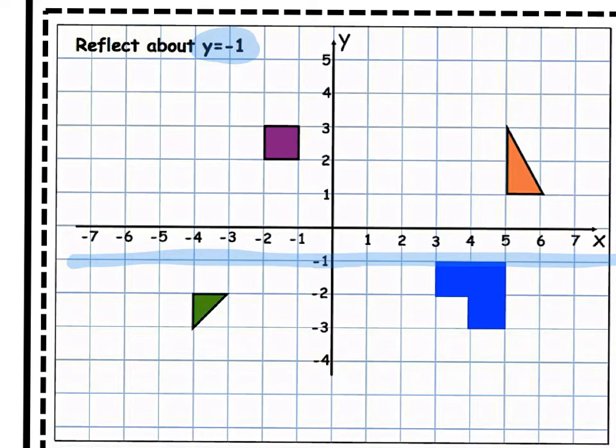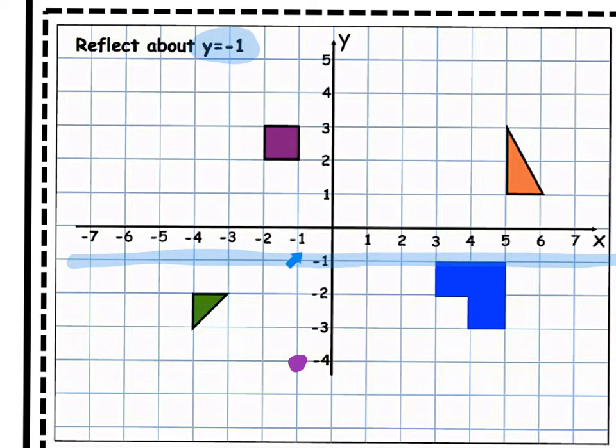So what I notice is that if I'm starting with this purple square right here, that bottom right corner right there is 1, 2, 3 units above. So I'm going to go 1, 2, 3 units below. Now, notice that when I went 3 units below, I did not start from the axis and count down.